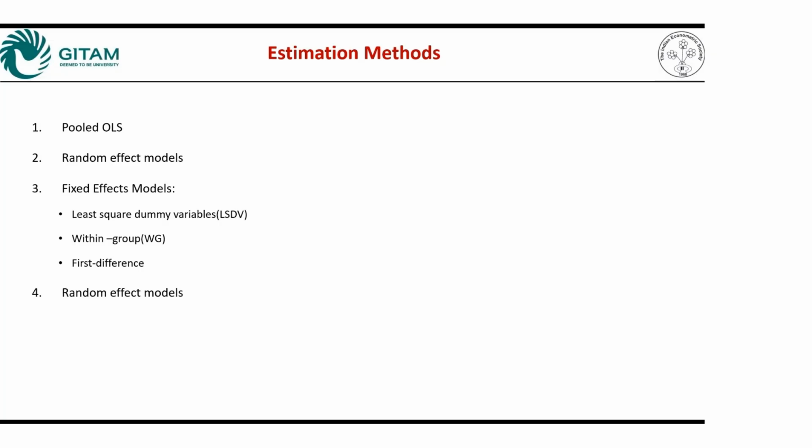So we have this equation like this. Right? This simple equation that we used in our panel data earlier. Now this is your dependent variable, right? And these are your independent variables.